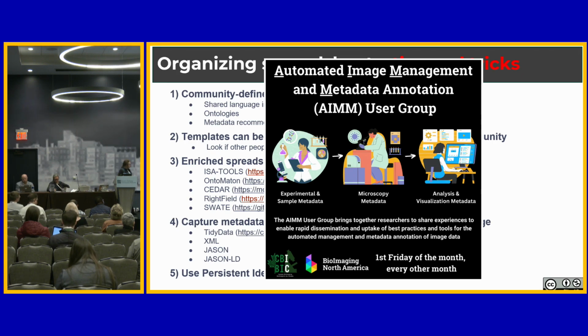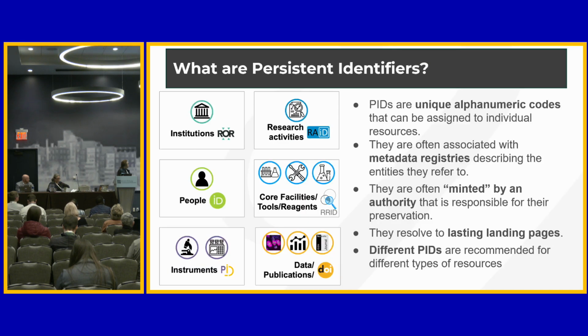It's obviously centered on imaging because it's Bioimaging North America, but if anybody is doing imaging and wants to see what is out there and what people are developing, it's a very open place to meet. It's on Zoom, and you can go to the BINA website to register.